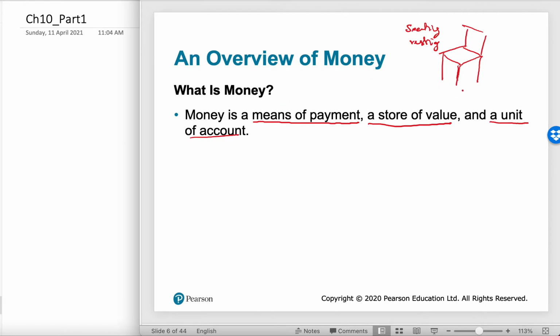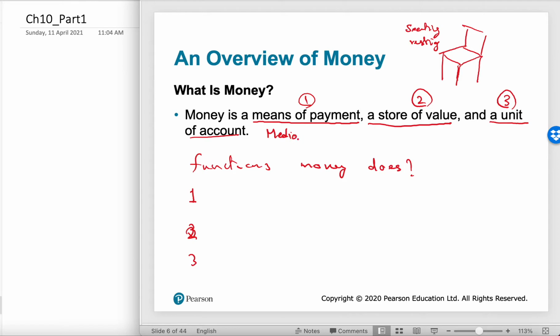So what is money? We would say, what functions does money do? And there are three functions. This is number 1, this is number 2, and this is number 3. So it's a means of payment or medium of exchange, and a store of value.